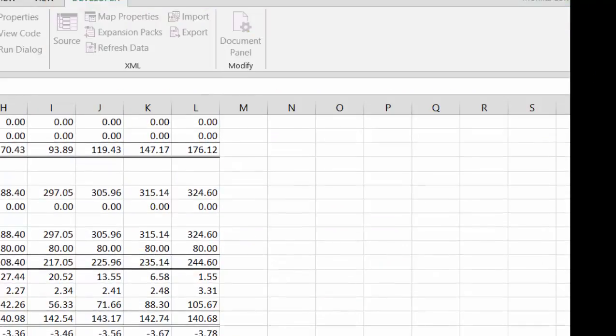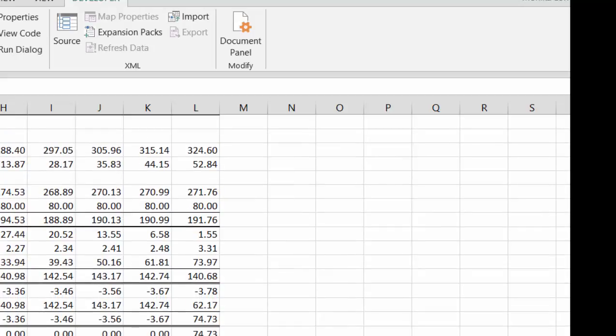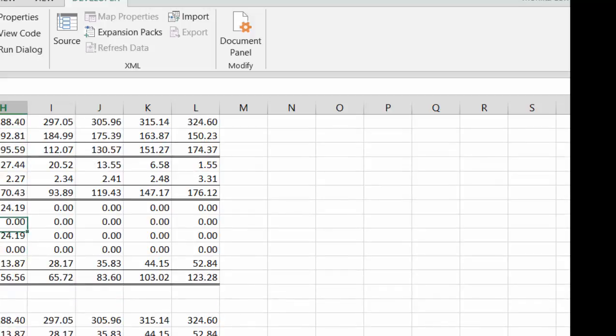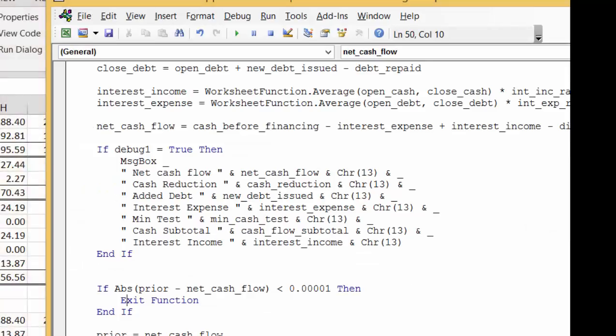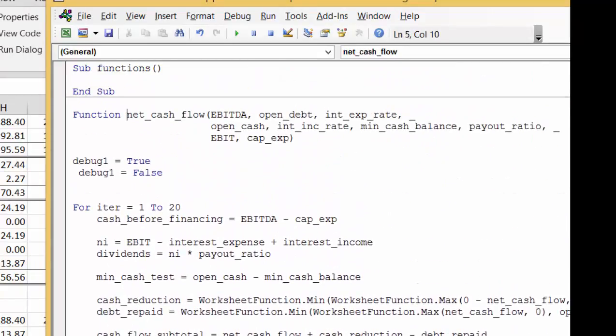If we put a 30% tax rate in, we get a difference because of the taxes, and that means we need to get the tax rate and the opening NOL balance and compute our taxes paid. And so all we have to do is go up to where we computed the net cash flow before financing, and I might as well put minus taxes paid.